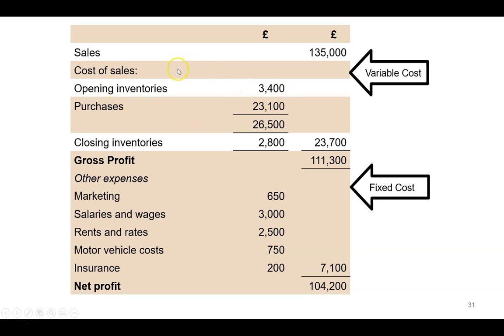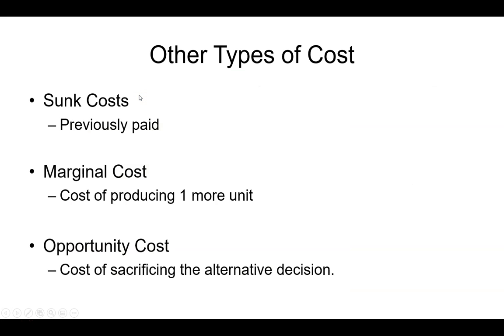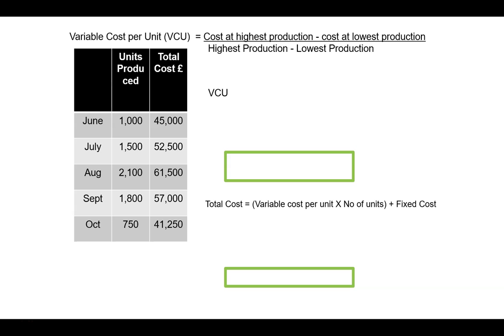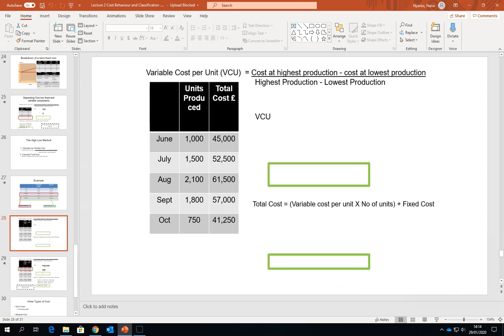This is our variable cost because it changes depending on how much sales or production we produce. And then these are our fixed cost. So the fixed cost is all the other expenses, and the variable cost is over here. So this is the lecture that we couldn't finish on the semi-variable cost, which tells us about the high-low method.